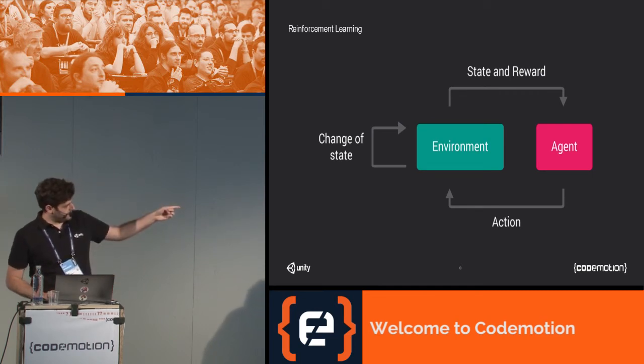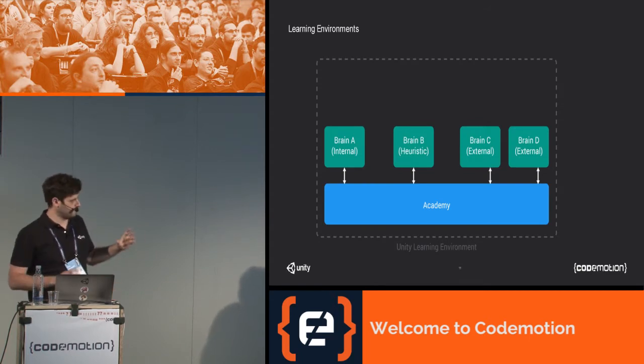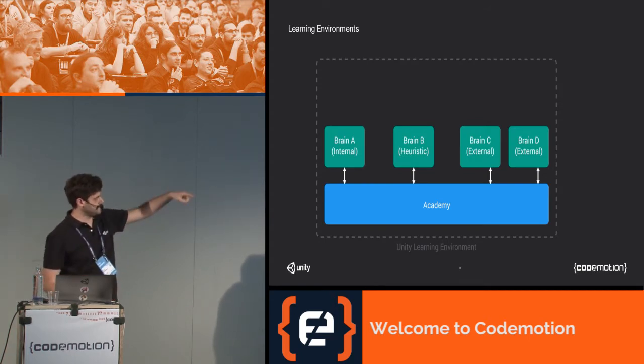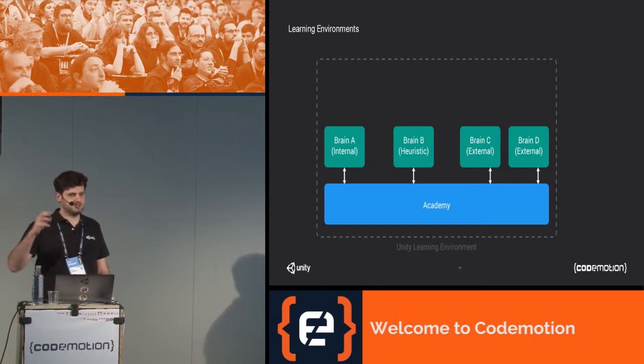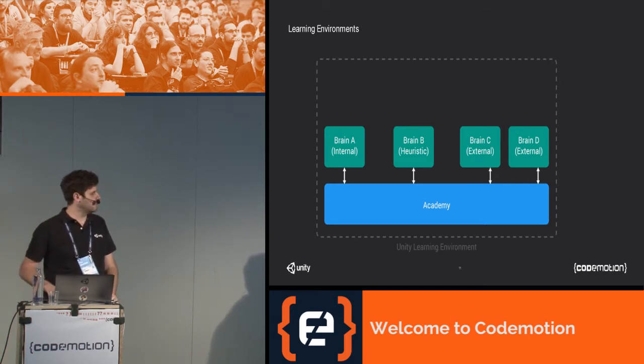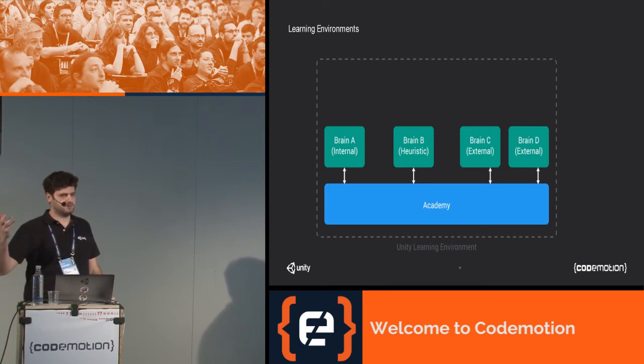And so the environment, as I said, is a Unity scene. If you look at the environment, which is this dotted line, in Unity we build it through a series of game objects, as usual, and these game objects have components.